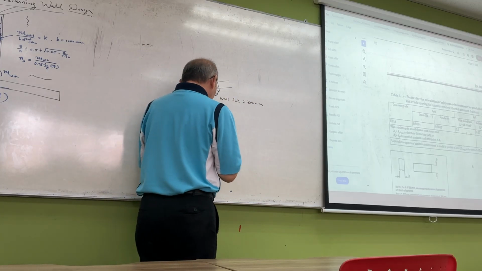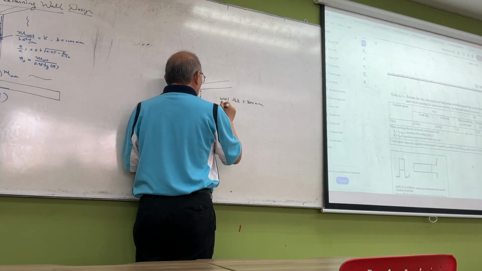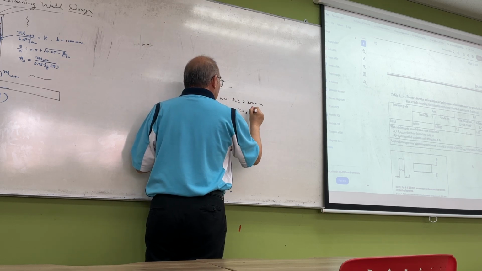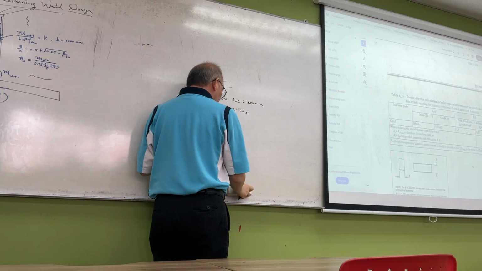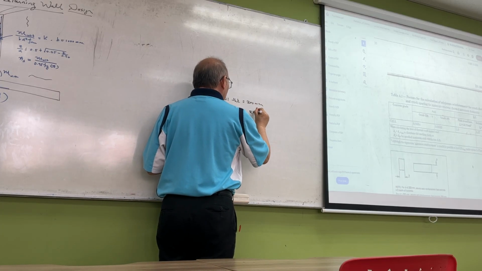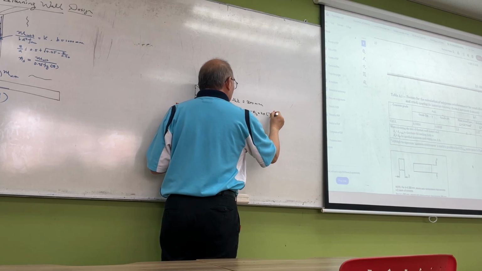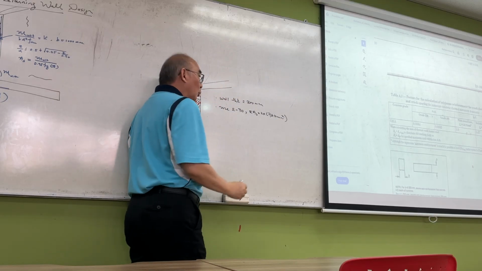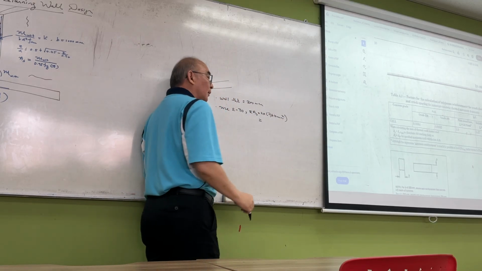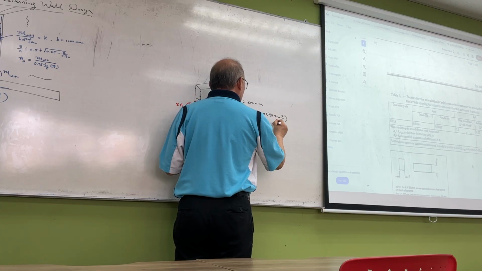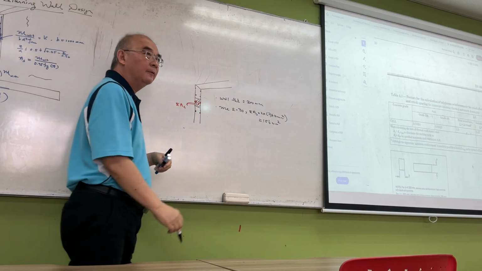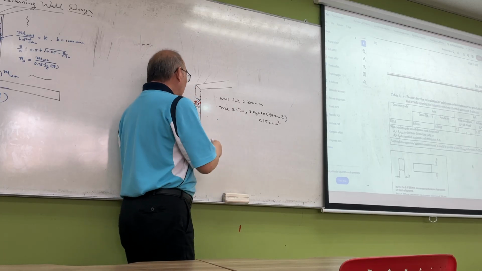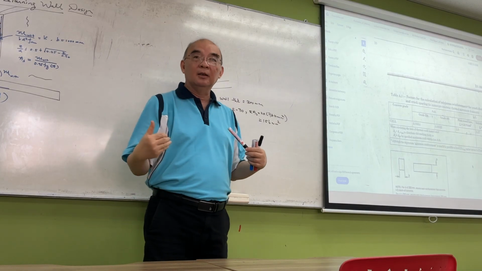So 2 T10, the total area, AS, will be 2 times 78.4, which is 156 millimeter square. Now the question is, 2T10 at what spacing?